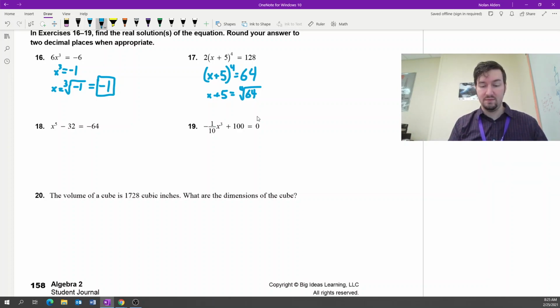What would that be? Well, guys, oh, yeah. No, yeah, we did it right. We divided by 2. 128 divided by 2 is 64.